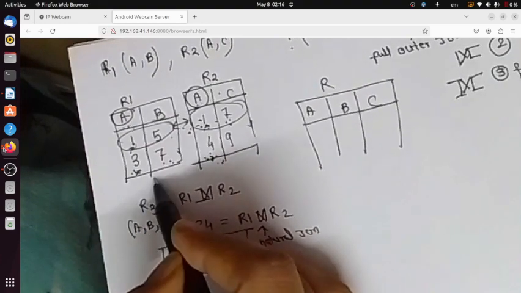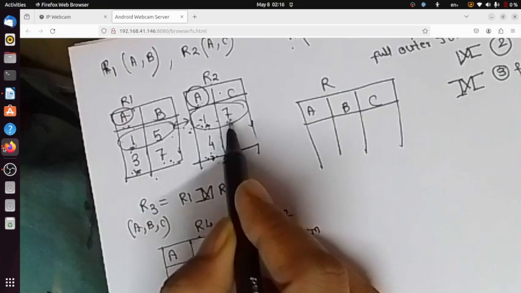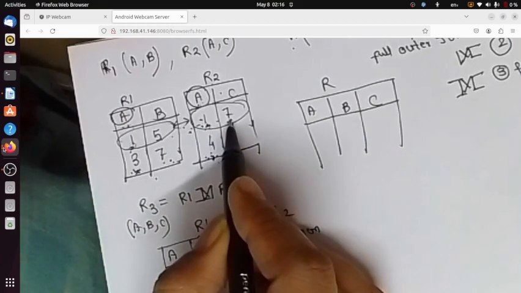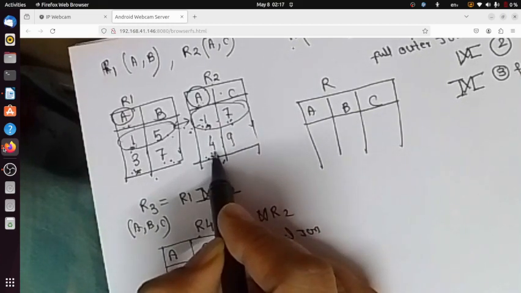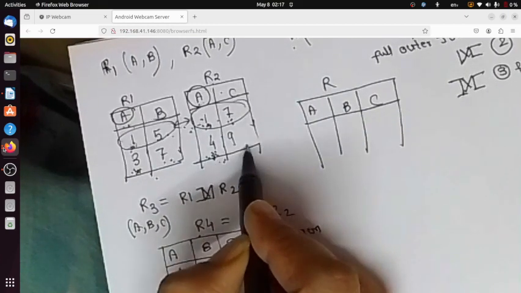Now relation R1 is over, so we go to relation R2. In R2, the record 1 7 has been combined with the record 1 5. The next record in R2 has A equal to 4 and C is 9.